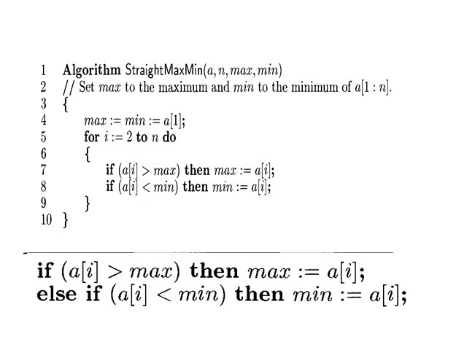That is else if a of i is less than min, then assign it to min. So we can reduce one comparison inside the loop. Instead of giving if and if, we can give one if and another one else if. If one condition is true, it will not go for the second condition. That is the concept. But this is not the divide and conquer approach. This is the straightforward maximum and minimum element.